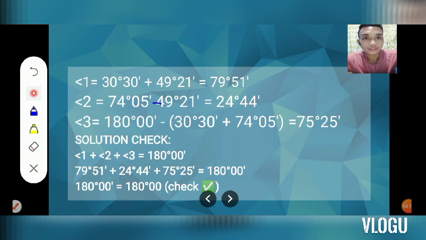So 79 degrees 51 minutes plus angle 2, which is 24 degrees 44 minutes, plus angle 3, which is 75 degrees 25 minutes, is equal to 180 degrees 00 minutes. So we can conclude that our answers for angles 1, 2, and 3 are checked.